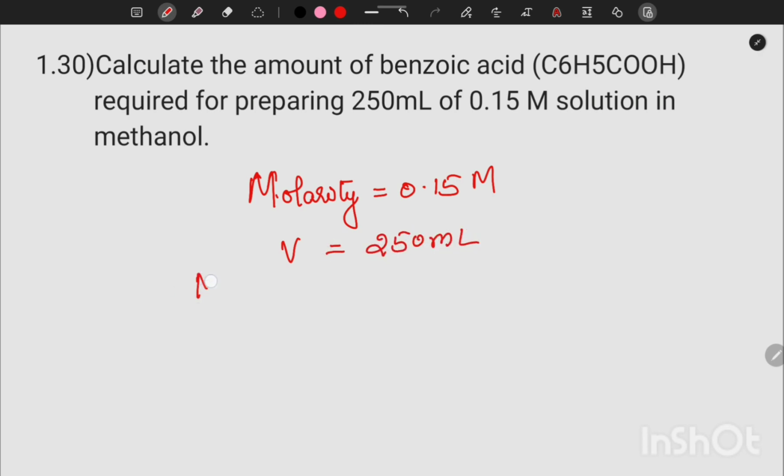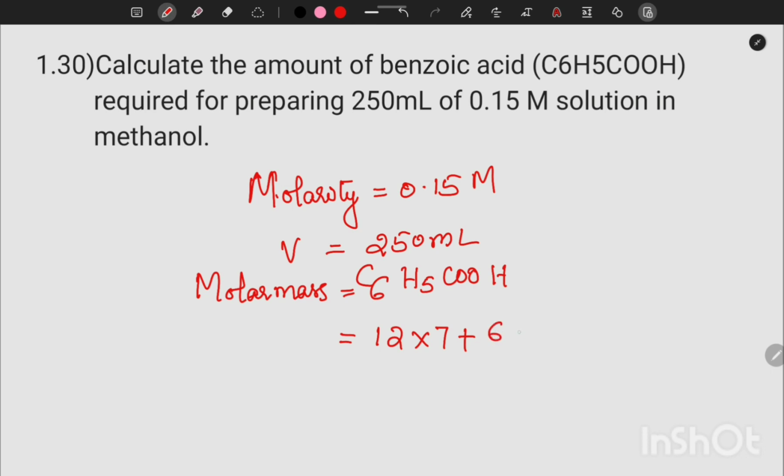Molar mass of solute, C6H5COOH. So we have total 7 carbon, 12 into 7, plus 6 hydrogen, 6, and 2 oxygen, 32. So total is 122 gram per mole.